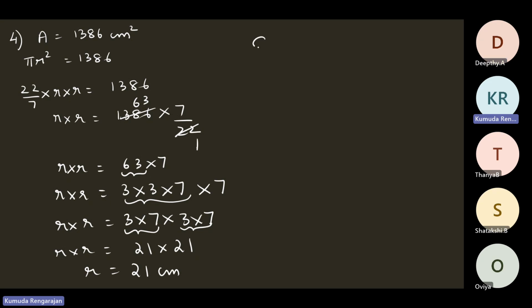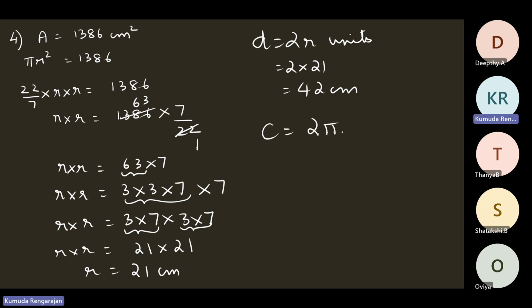So now you found R, find D. D is equal to 2R units. So 2 into 21, 42 centimeters. Then find circumference because the area was already given. So find circumference alone. You don't have to find area. To find circumference, you can use the formula pi d or 2 pi r.